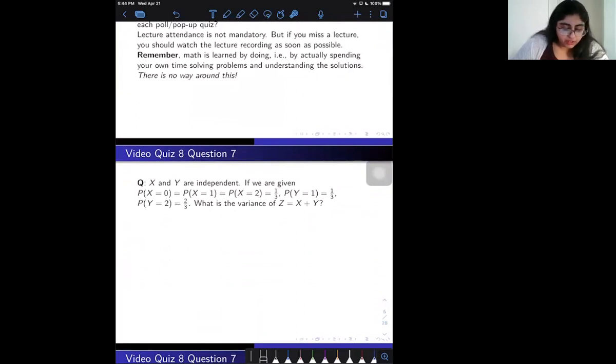So we are given that x and y are independent. Remember this, independent. The probability of x equals 0, the probability of x equals 1, and the probability of x equals 2 are each 1/3. The probability of y equals 1 is also 1/3, and the probability of y equals 2 is 2/3.